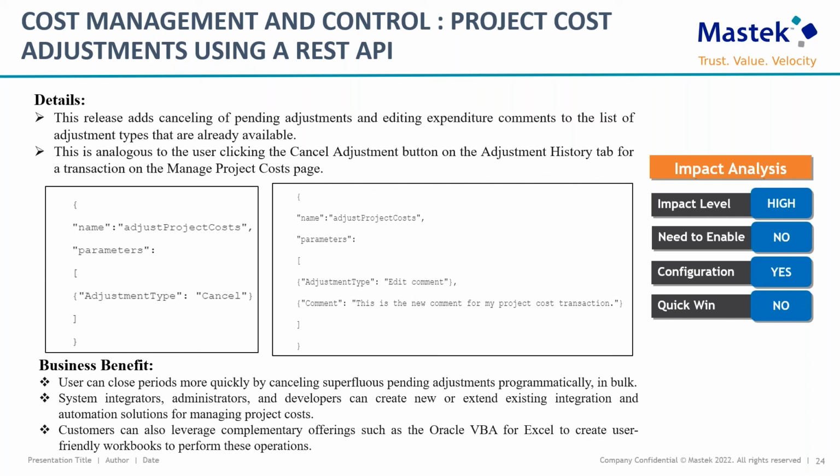But this has now become easier through this new feature. The user can cancel pending adjustments in mass through the REST API and also can edit the expenditure comments on the same type of adjustments at a time through the REST API, which expedites the process of period closing.